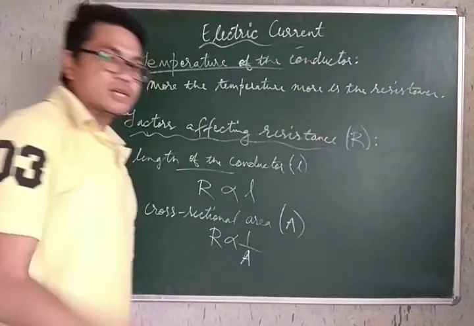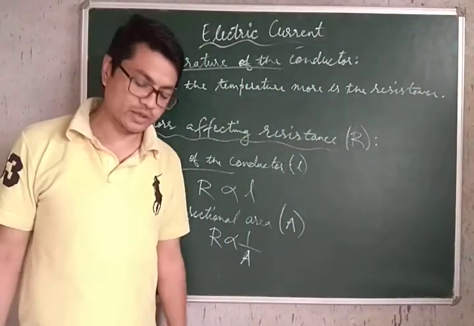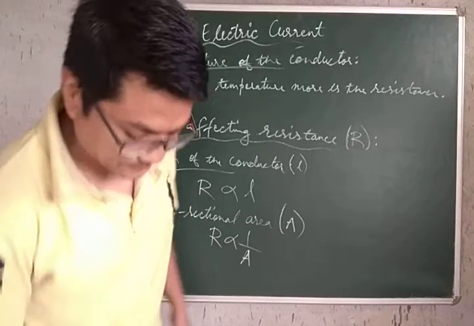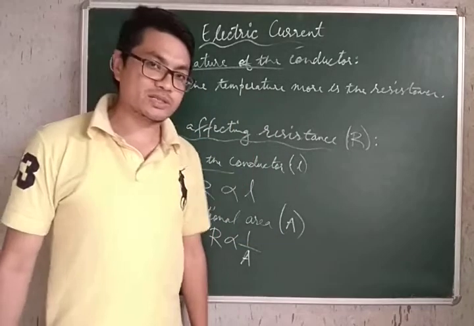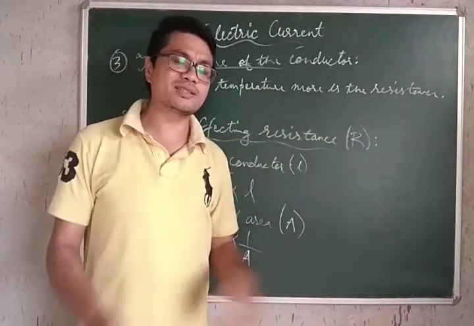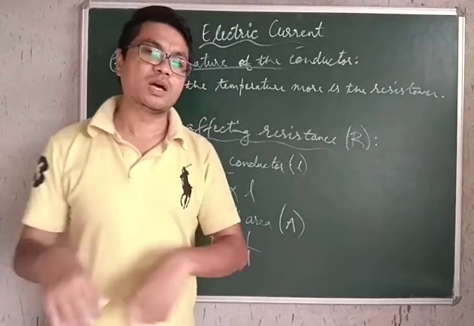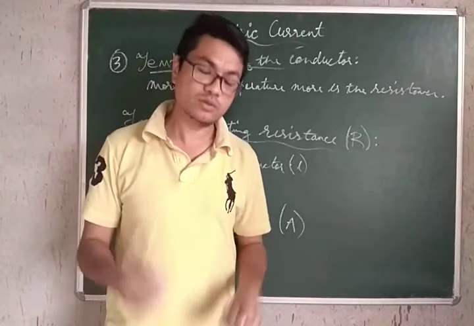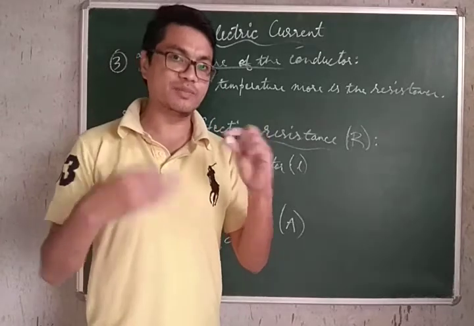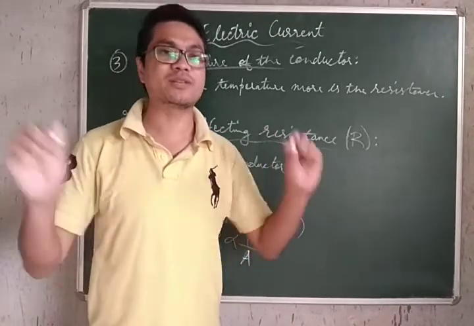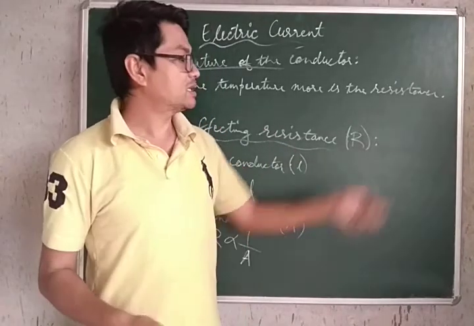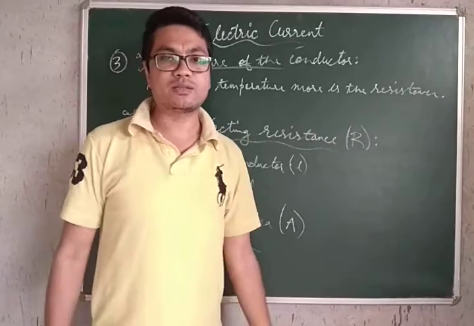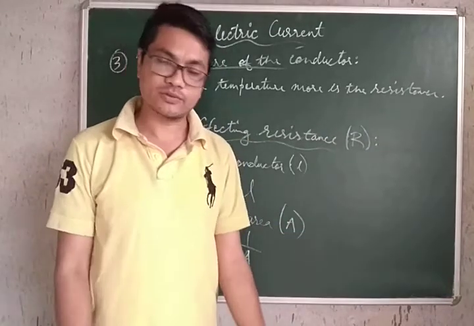Remember this. Now these are all points that we discussed. As the temperature increases, what causes the resistance? It is the number of ions and atoms that you have inside a conductor that causes resistance, or opposition to the flow of electric current.